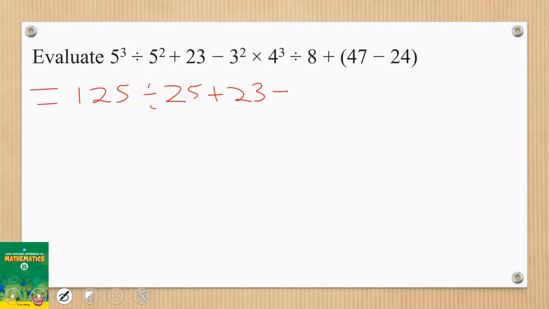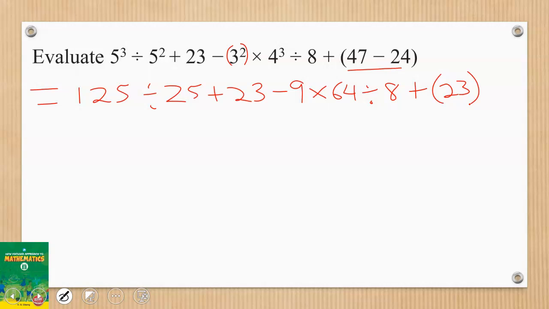The minus is separated from this, and so we can call that 9 and keep the minus there, times 4 to the power 3 is 64 divided by 8 plus into bracket. Now when you do this one, that is 47 minus 24 will give us 23. Okay, now we are done with exponent and bracket.